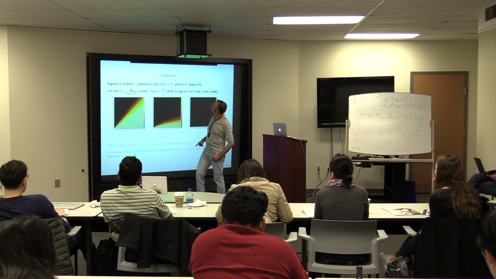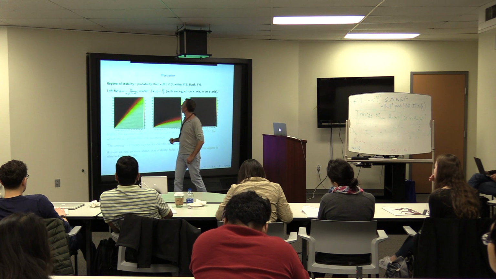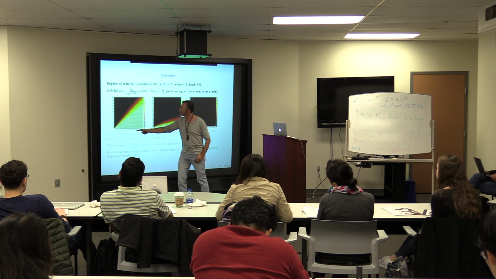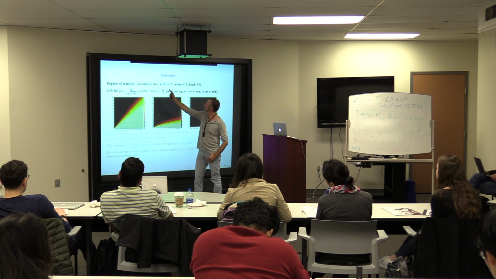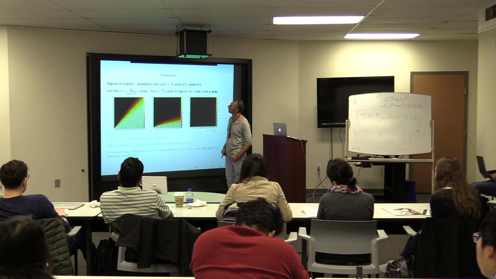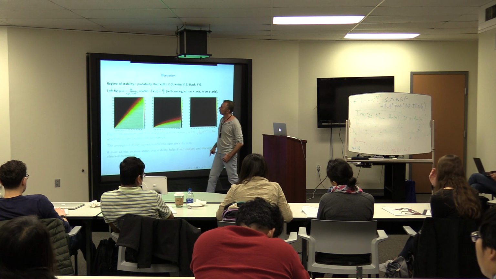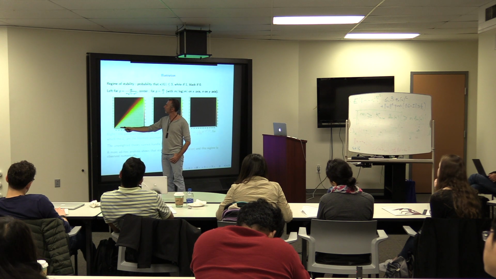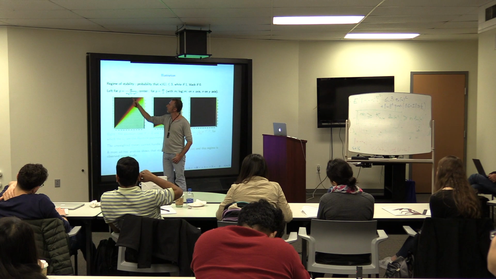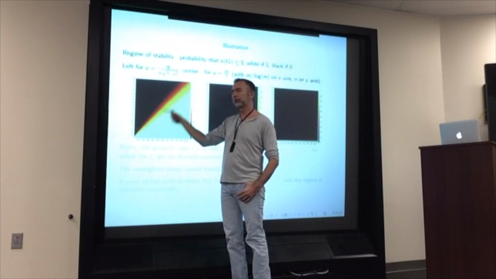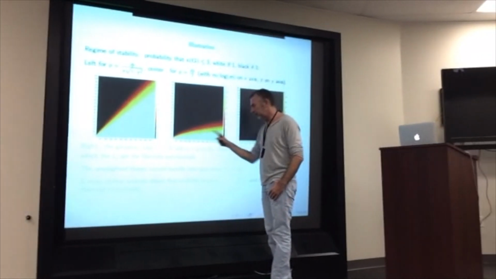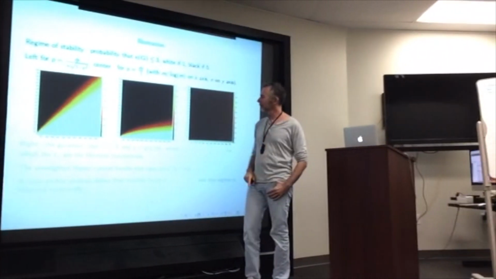So here you have m divided by log m on the x-axis, the number of samples, and on the y-axis you have the dimension n. And this is exactly what you see. Essentially, in the case of the Chebyshev measure, you are successful with a linear amount of samples. Here, it's a quadratic amount of samples.